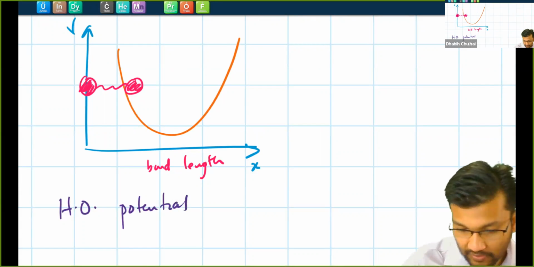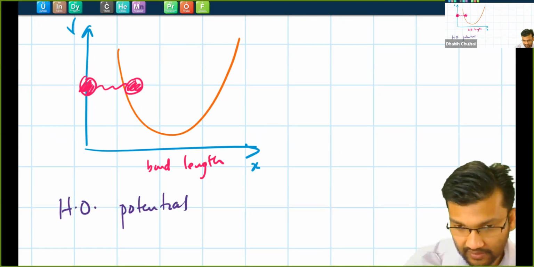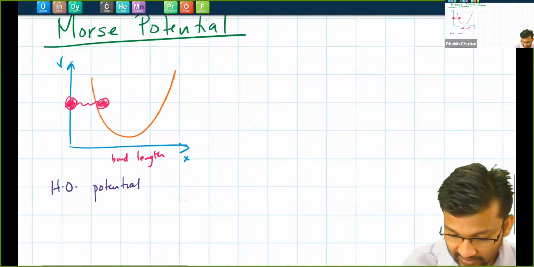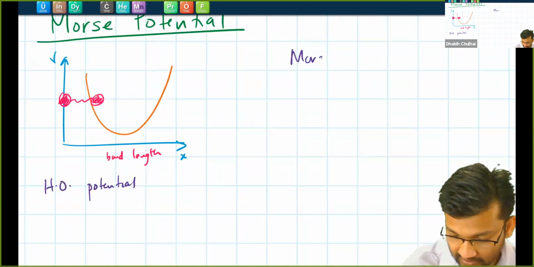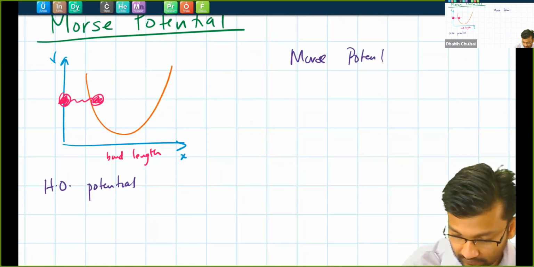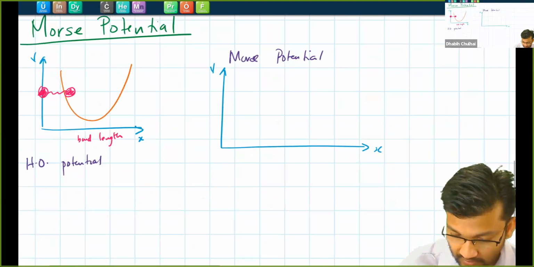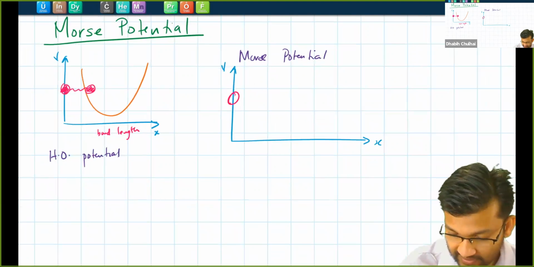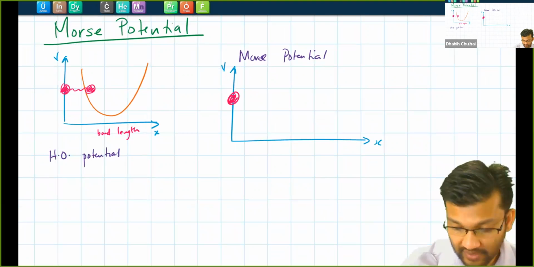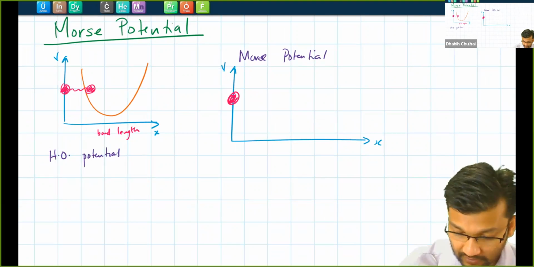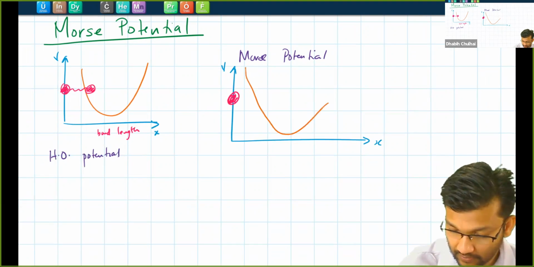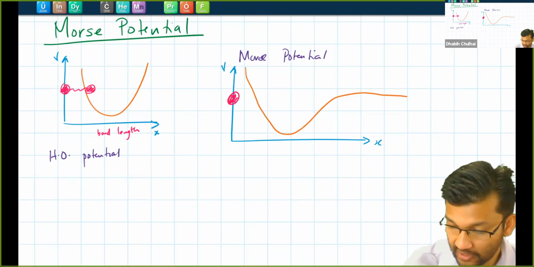But like I said, no matter how far you stretch it, it will come back. Let's look at the Morse potential on this side. We're going to set up the same thing: potential on the y-axis and the bond length on the x-axis, and we're going to have one of our atoms fixed and just look at the other one as it vibrates. The Morse potential looks something like this. It flattens out.